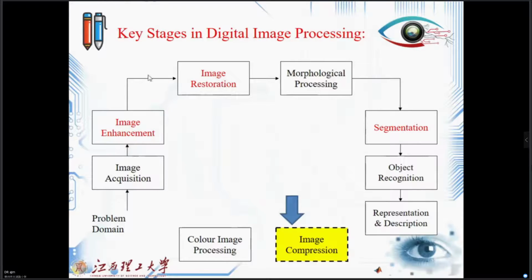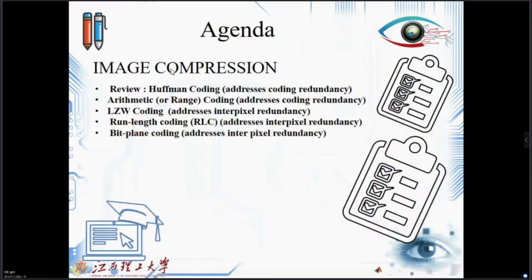Thank you. Let us continue with image compression. I brought some videos and more examples that can help us understand it. We will review Huffman coding once more, but now from another aspect. We will talk about arithmetic or range coding, LZW coding, interpixel redundancy, run-length coding (RLC), and bitplane coding.